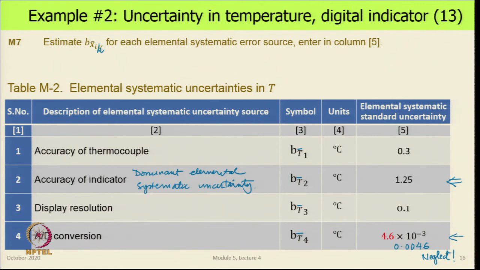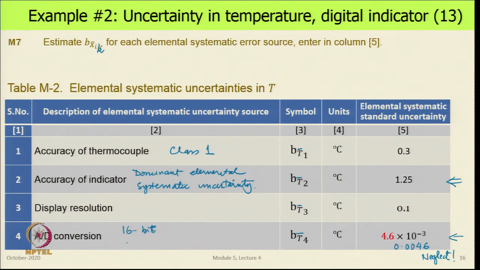So, it helps us in a way that if we want to make the uncertainty less in the measurement, well, do not worry about thermocouple, it looks good shape, we picked up the right thing. Remember, we picked up class 1. If we had picked up class 2, this number would have been bigger. And then we said indicator, we should get a better one. A to D conversion, this is more than good. We have 16-bit converter, that is really good.